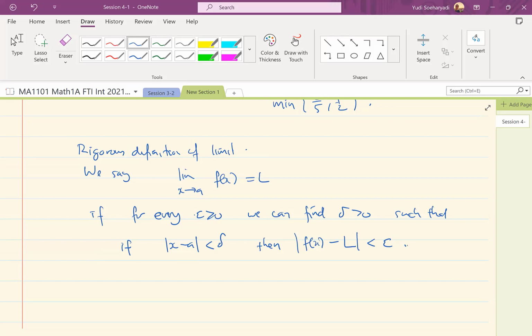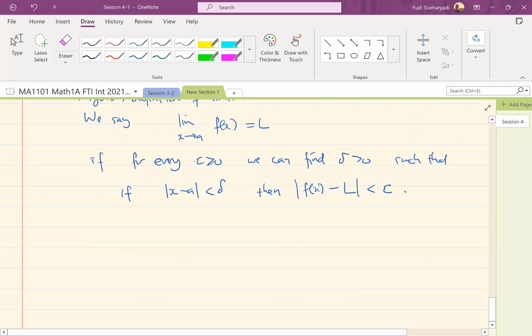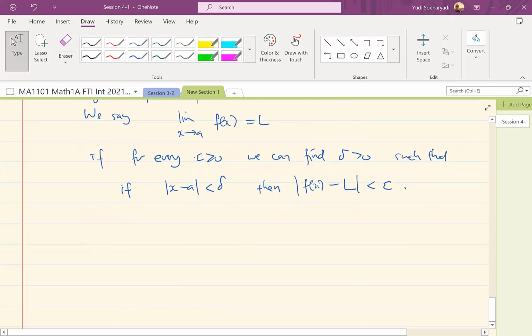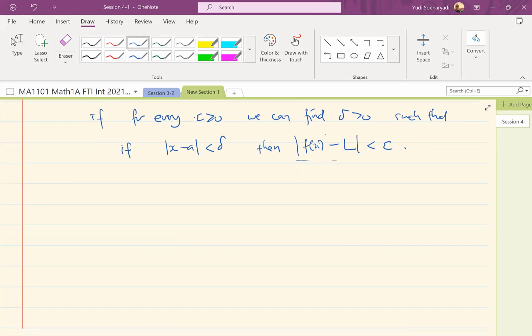So there is a kind of long story how to get these definitions from the illustrations. Okay. So that means we're looking for any error here, error in y, you can find error of x, so that this implication occurs.